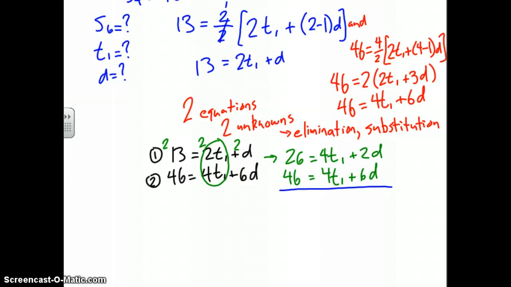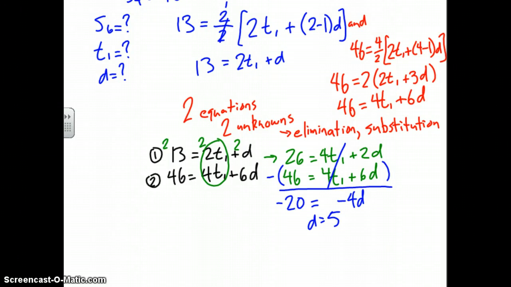In this case, we want to subtract them because we have 4T1 and 4T1. So we get 26 take away 46, which is negative 20, equals 4T1 take away 4T1, gone. That's the point of this. Those are eliminated. Then 2D take away 6D, so negative 4D. We simplify that, we get D equals 5.